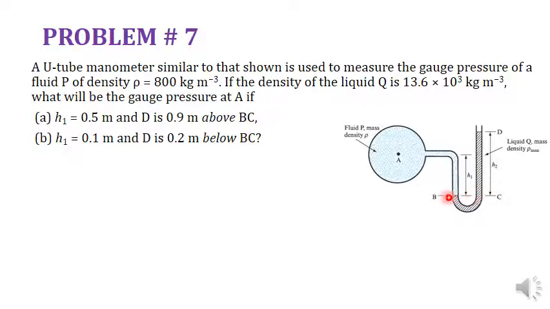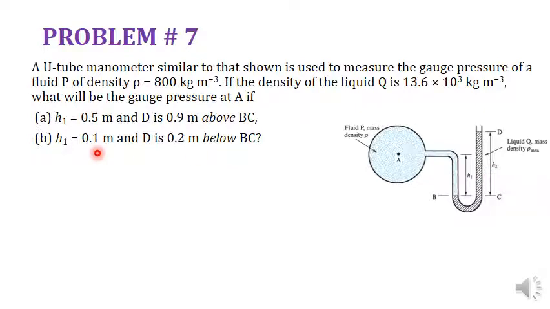So here you have this BC cross section. Above the point B, H1 is the height, given as 0.5 meter, in case 1 when your point D is above the BC. Here, the point D gives the height of the manometric fluid in the right limb, equal to H2.